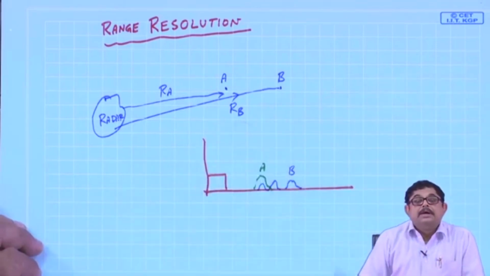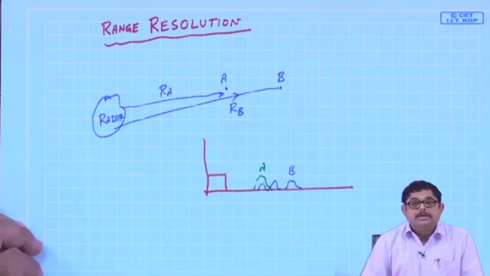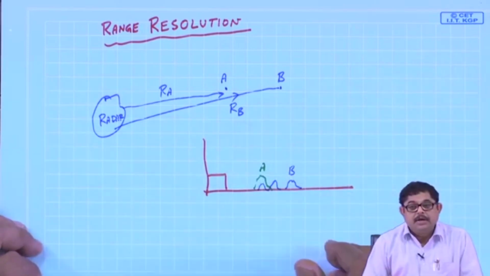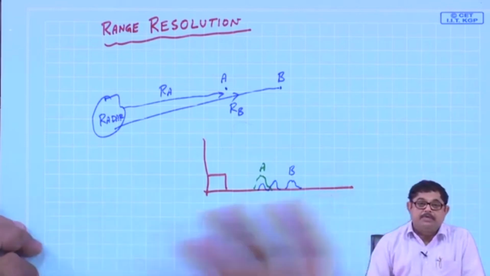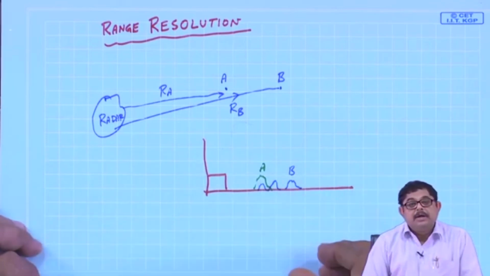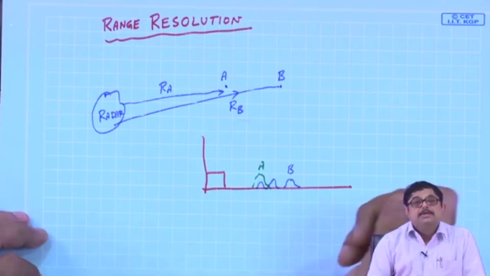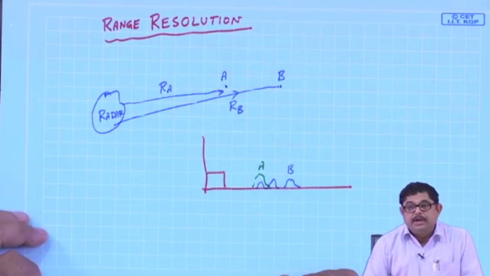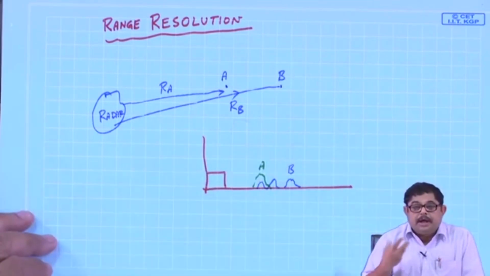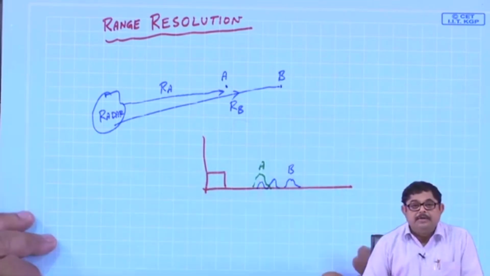We will see what is the best possible resolution, and there we will learn a technique called pulse compression, where this range resolution can be made much lower than this pulse width. Actually, the whole thing is in the hand of the designer.